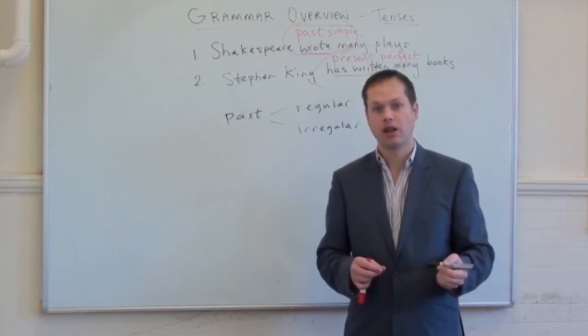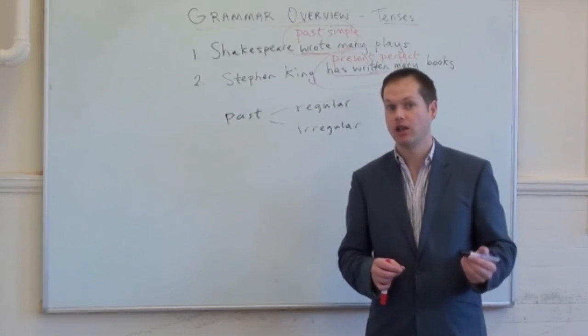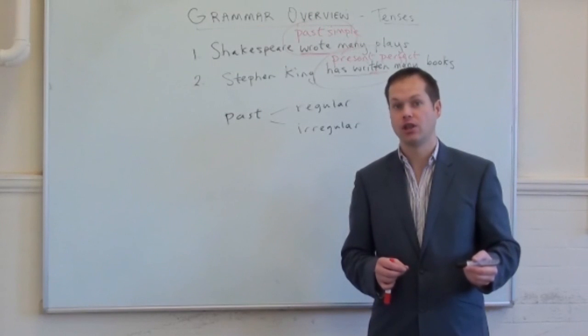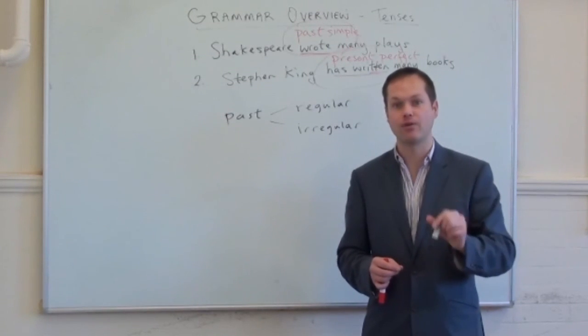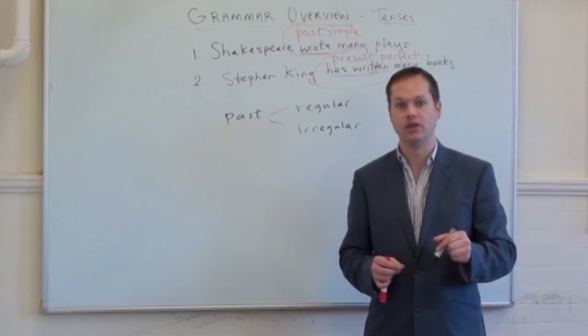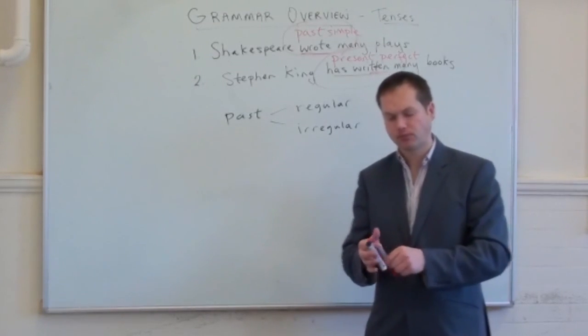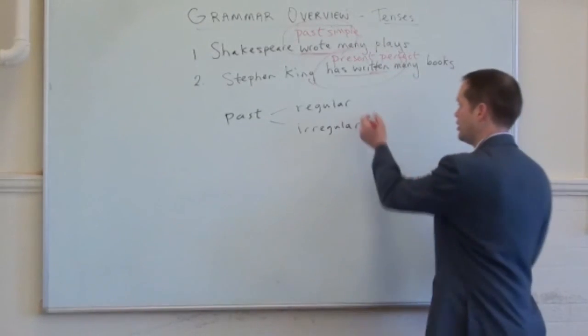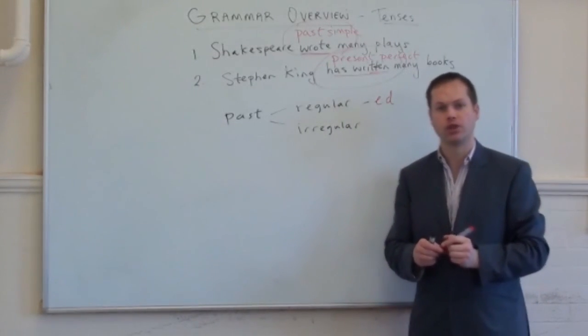Now it may be pronounced slightly differently, but when you write it, it's always ed, whether it's lived or finished. You have a d ending or a t sound, finished or lived. But the important thing is when you write it, it's always written with an ed ending. These are the regular verbs.